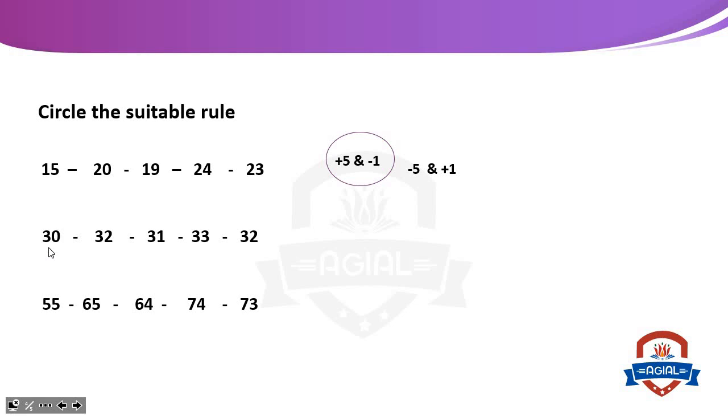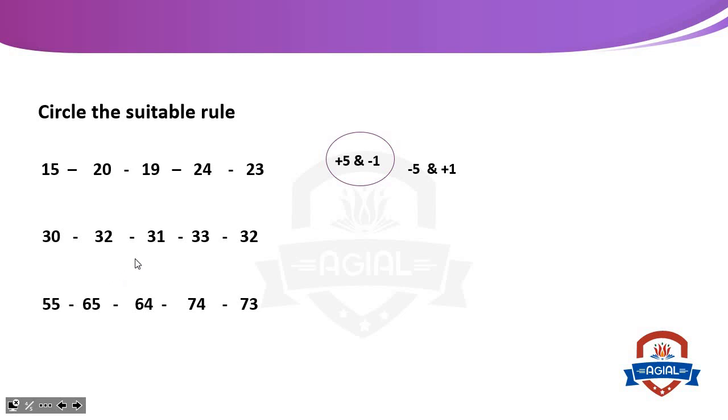Number 2: 30, 32, 31, 33, and 32. Look at 30. To make 30, 32, we add 2, so the first rule will be positive 2. To make 32, 31, we subtract 1, so 32 minus 1 will be 31.